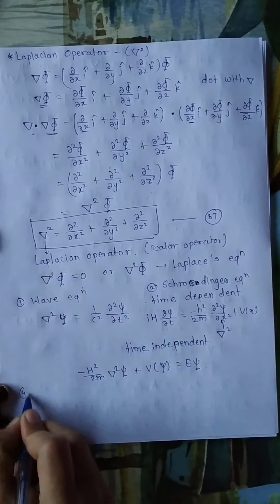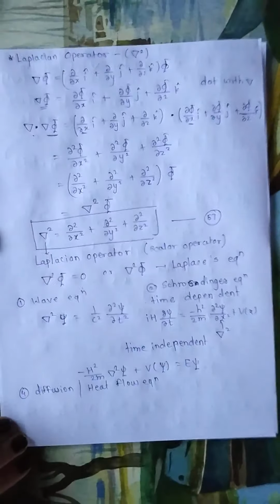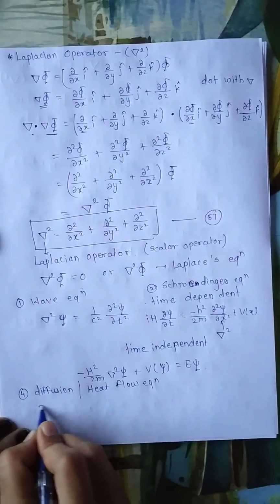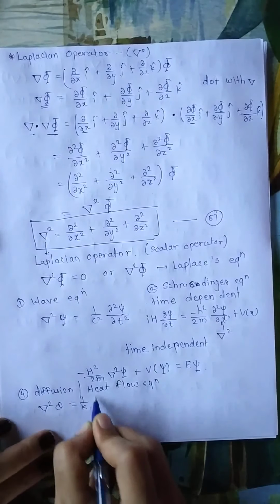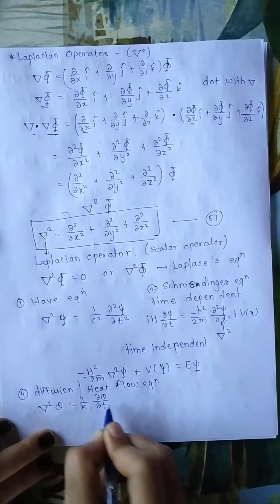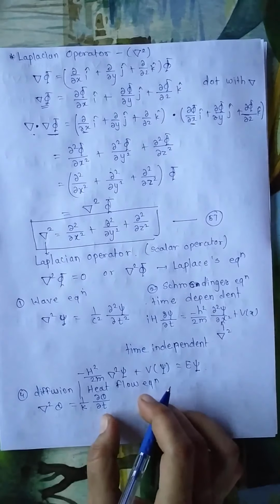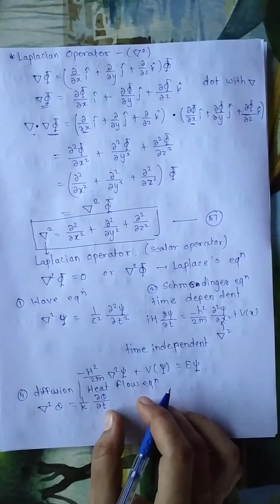Then the fourth example is the diffusion or heat flow equation. This equation is given by del square theta equals 1 upon k ∂theta/∂t, where theta is non-steady temperature and quantity k is known as diffusivity.